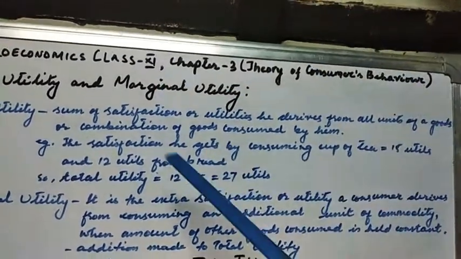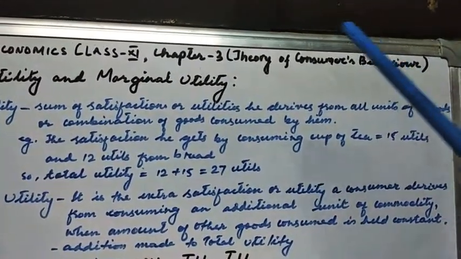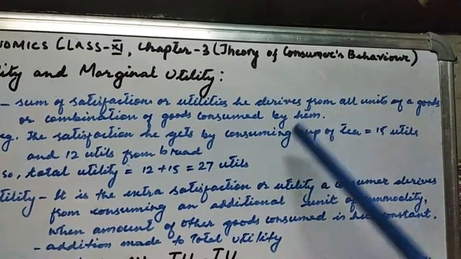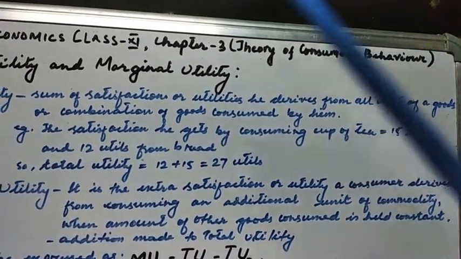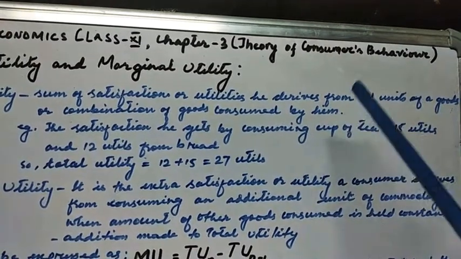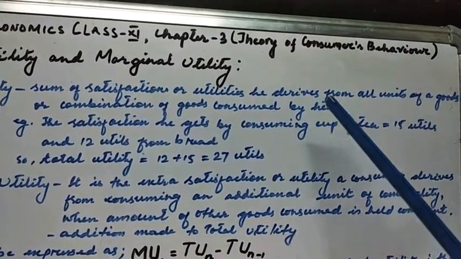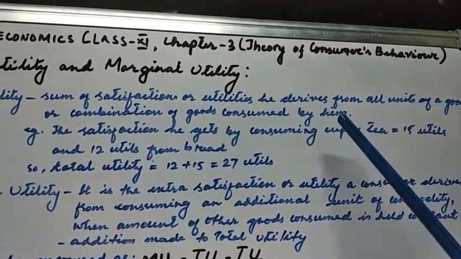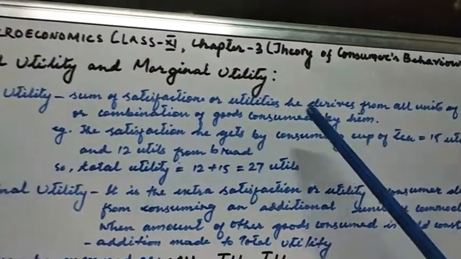So it is the summing up of all the utilities or satisfaction derived from all the units of goods being consumed, combined together. When he is consuming all the goods and services together, the total satisfaction that he derives is the total utility.